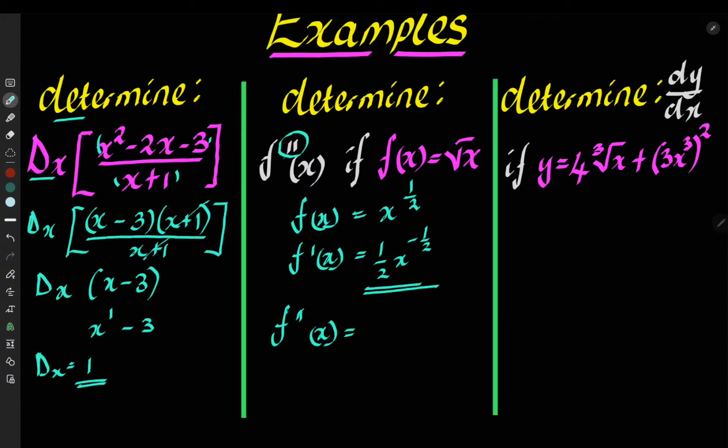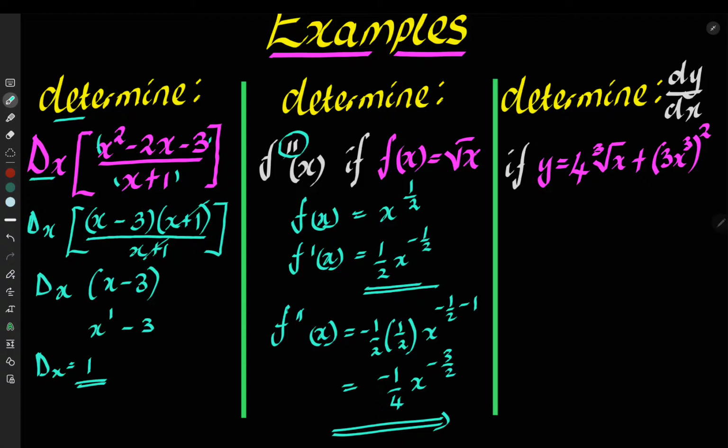Once again, you bring down the negative half. It multiplies, so that will be negative half multiplied by a half. Then x to the power negative half minus 1. And that will give us negative a quarter, then x to the power negative 3 over 2. And that is the second derivative of the square root of x.